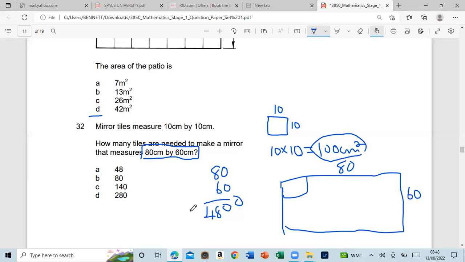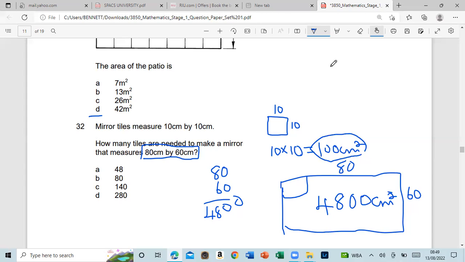So if all of this is 4,800 and one tile takes up 100 centimeters square, how many tiles do you need to make 4,800? 48, right?